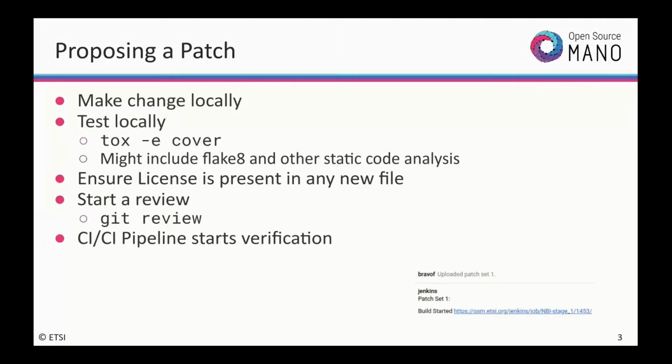We only check files that have been changed in a review. So it's entirely possible that you're going to make a change and all of a sudden Jenkins says, "Oh, you're missing a license file." You're like, "But this file has been here for 2 years. Why are you telling me? I'm just making a one-line change in it."